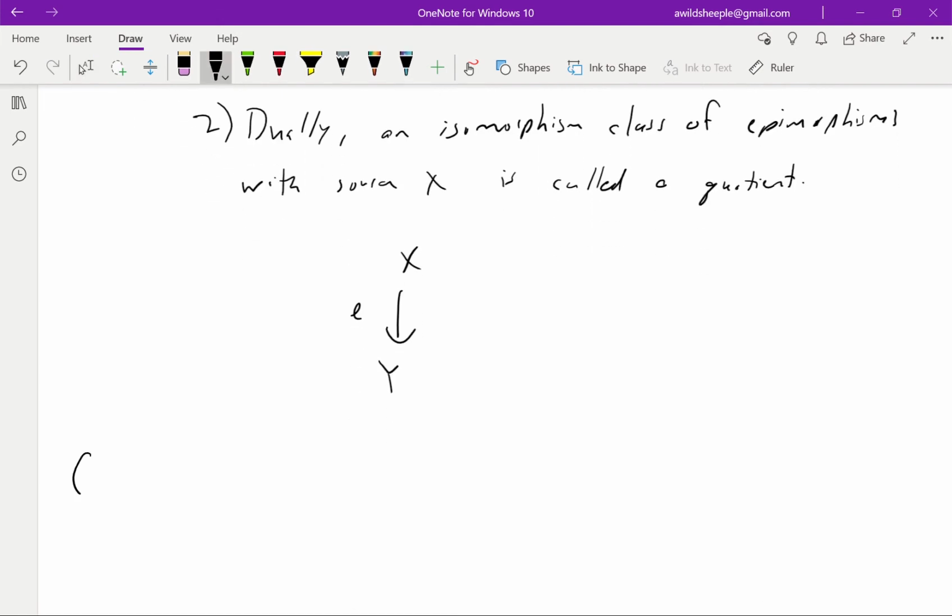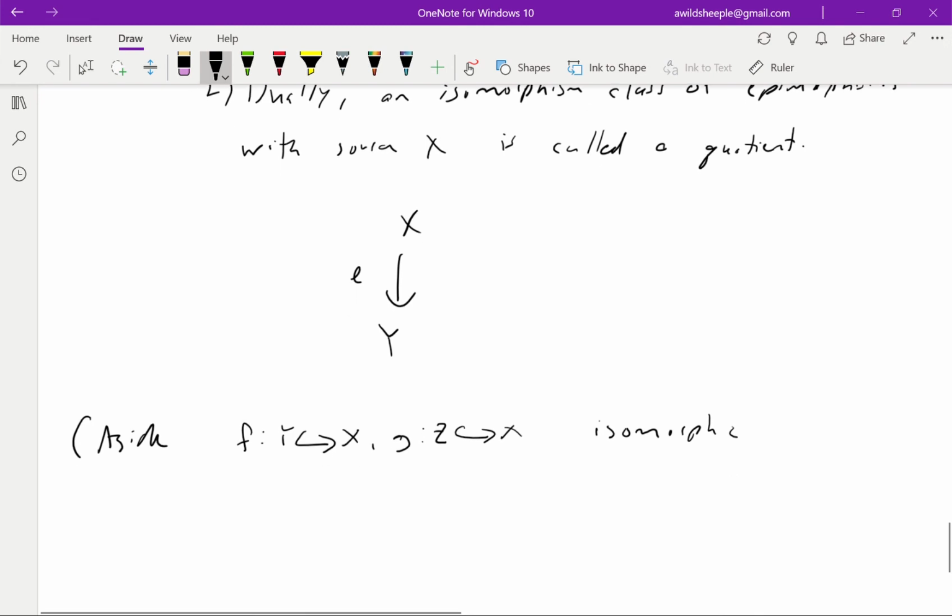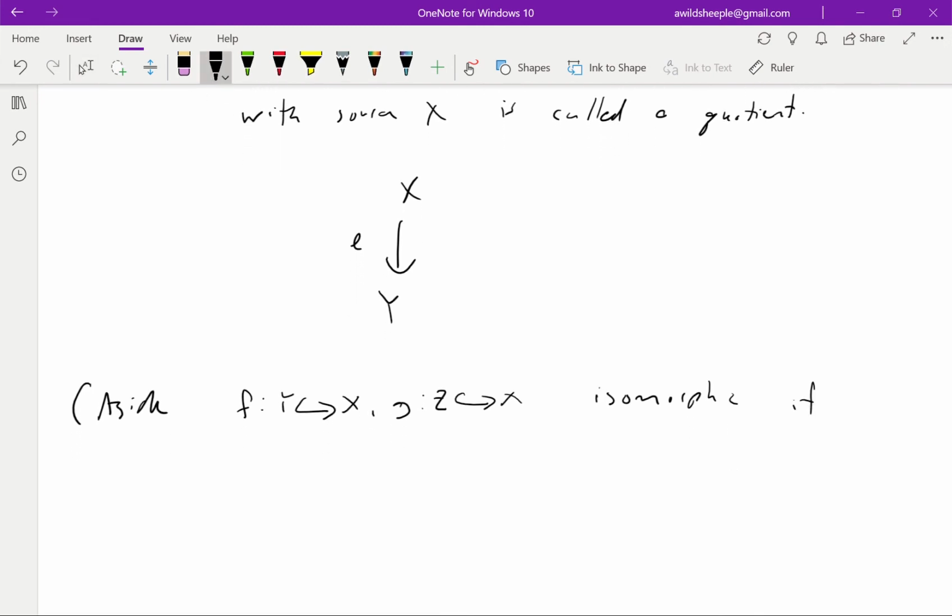Just as an aside, or maybe even this is an important definition, if we have f, let's say y to x, and g, z to x, are monos with the same target, we'll call these isomorphic if, when we look at the diagram, which just takes y to x and z to x, then there has to be an isomorphism, which I'll call h, making this diagram commute.